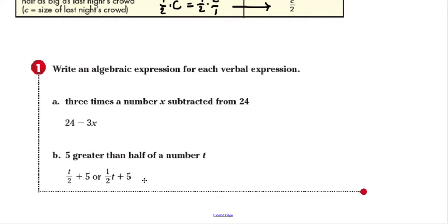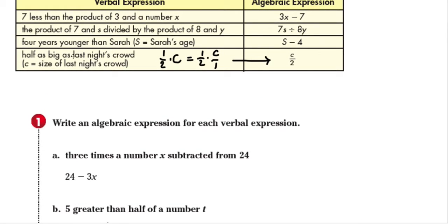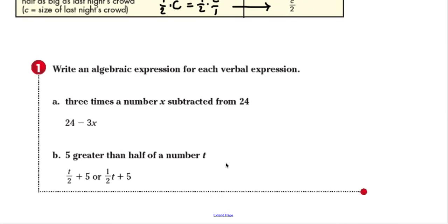Both will work, because, as you recall, and as we will also review later on, t over 2 plus 5 and 1/2 t plus 5 are the same, as with what we did with half as big as last night's crowd. There's also one more thing.